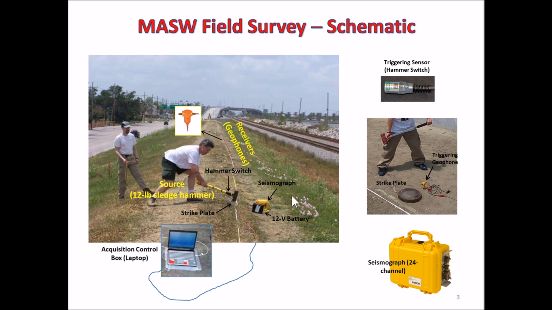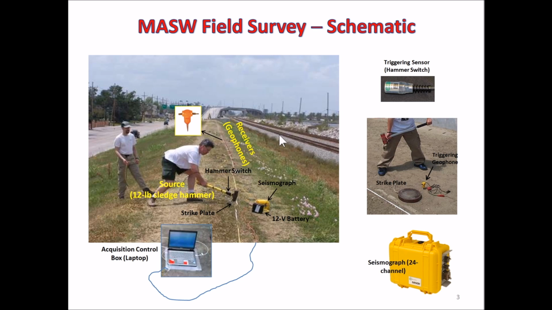In this case, it is a 24-channel data acquisition, and there are 24 geophones planted along this linear trajectory. And there is also a seismic cable laid down, which has 24 takeouts, evenly spaced, like 1 meter, and each geophone is connected to each takeout.